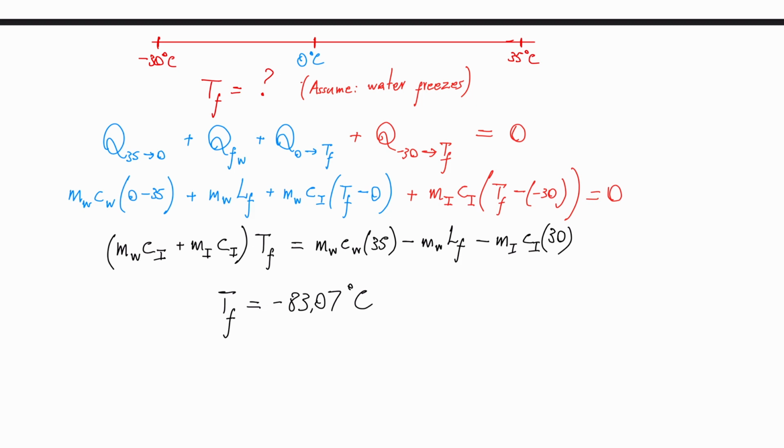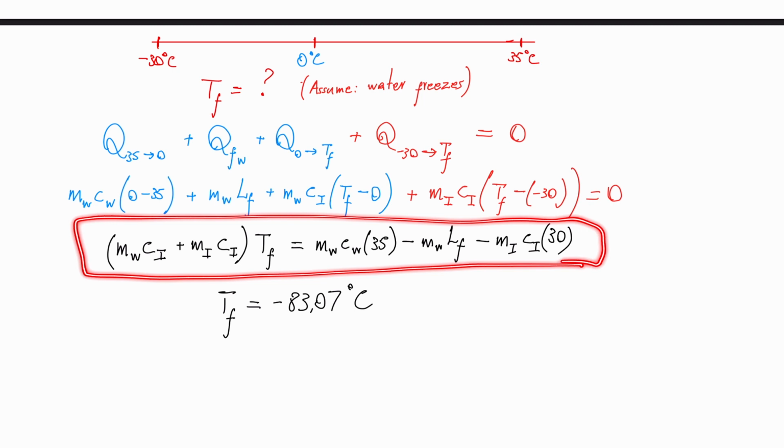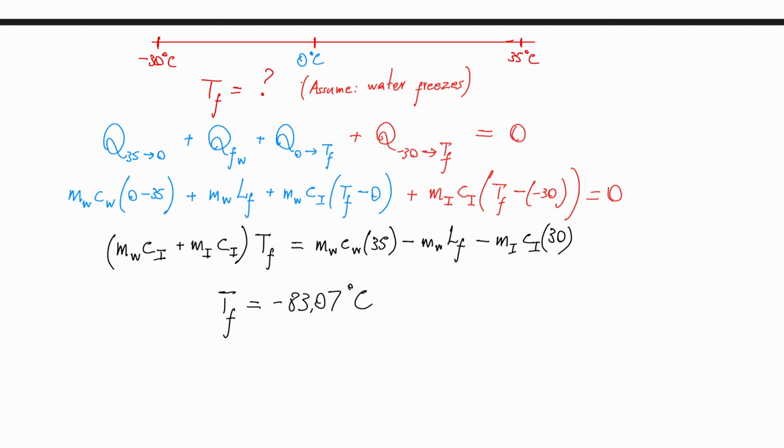Now, if we were to do that, this is what our equation will look like. And again, for brevity of the video, I have gone ahead and calculated what value of TF we would obtain. The value we would obtain by assuming that the water is the one that freezes is that the final temperature is going to be minus 83.